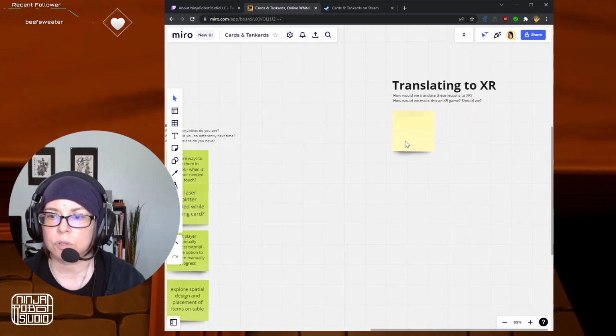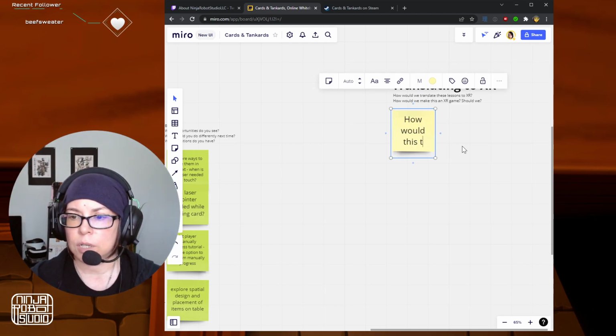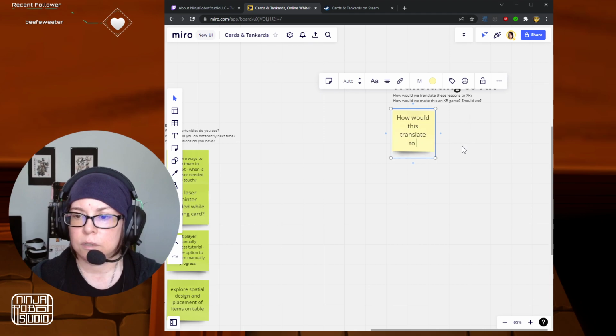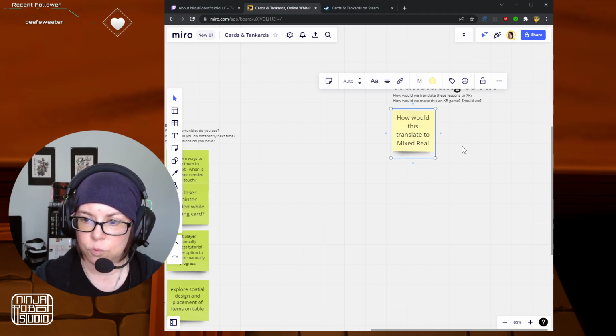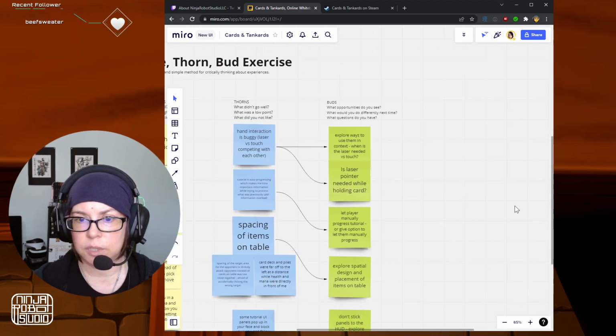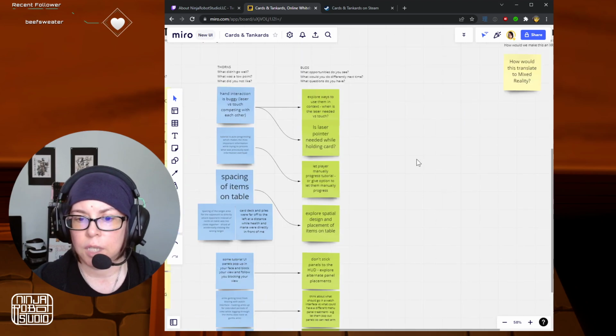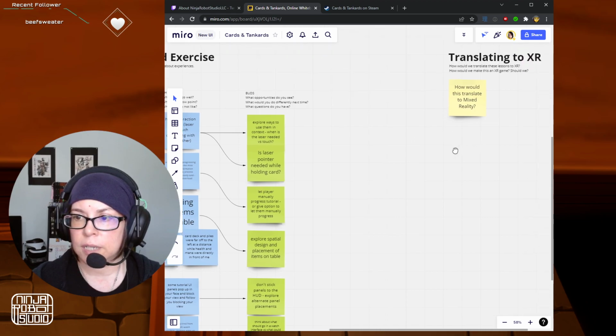What would be different? And if you want a side project, if you are wanting inspiration because you can't think of something to work on, one thing would be, how would this translate to mixed reality?